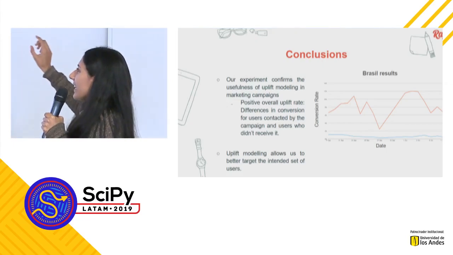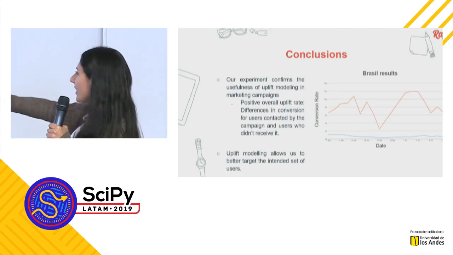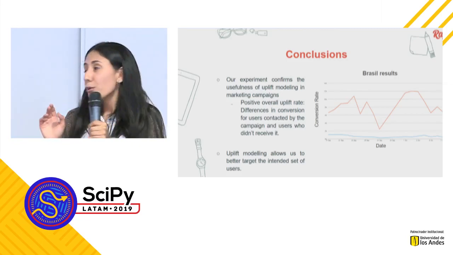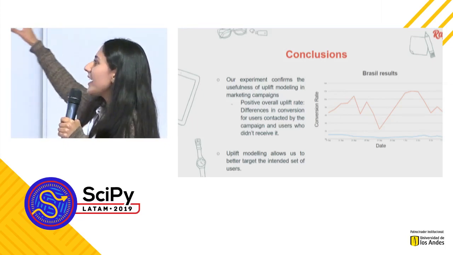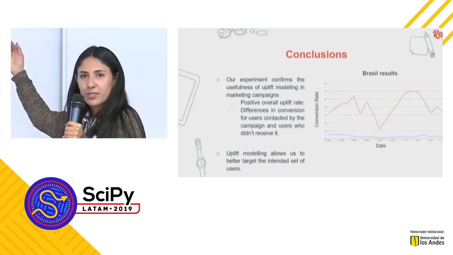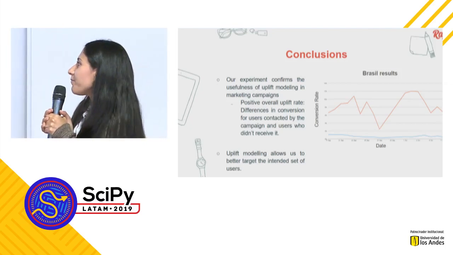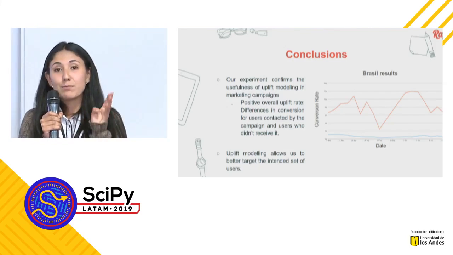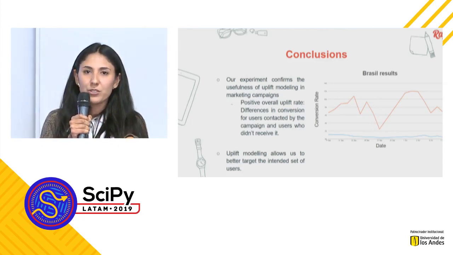The red line is the exposed group, the group that was exposed to the campaigns, and the blue line is the control group. We can see that there is a very big difference between the response rate of both groups. That means that we are generating incrementality with our campaigns, and that this modeling helps us to target our users better than what we were doing before in Rappi.